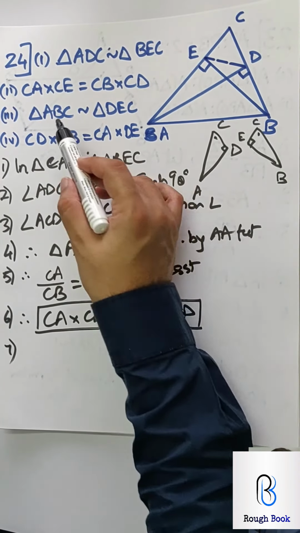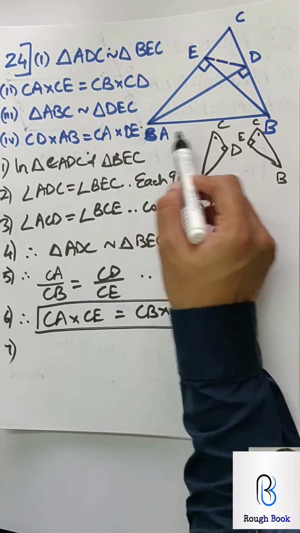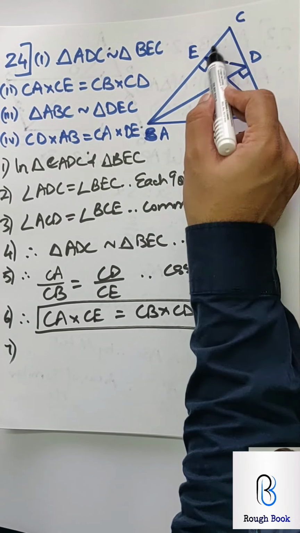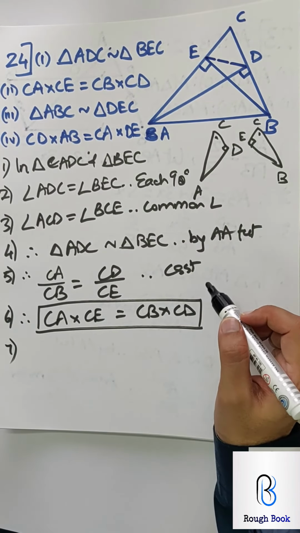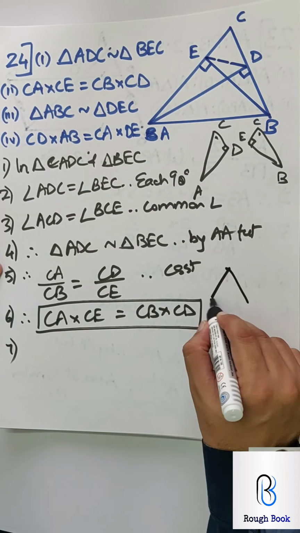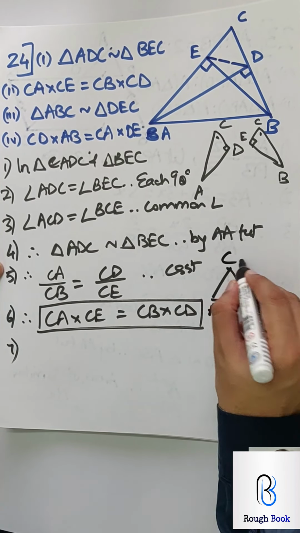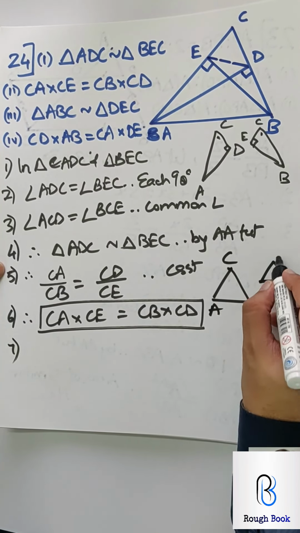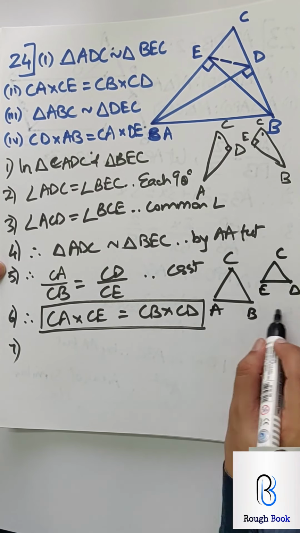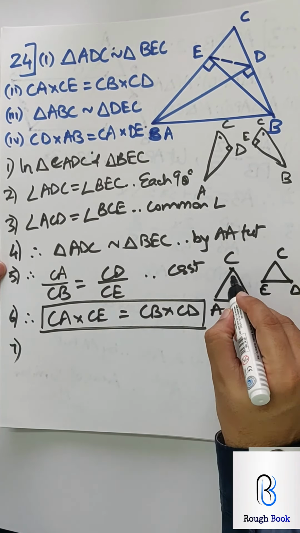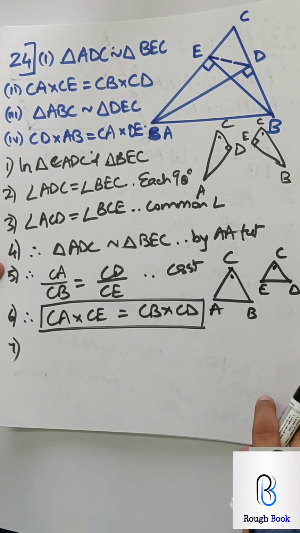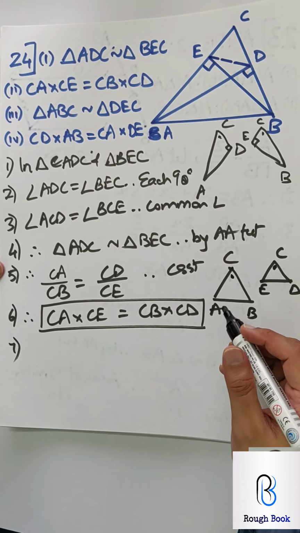Very good. Now second part, prove triangle ABC, full triangle, and DEC, this small triangle similar. This is a task. See, ABC, full triangle, and small triangle CDE. How will I prove these two triangles similar? So one is common angle, very good. Second part, think.